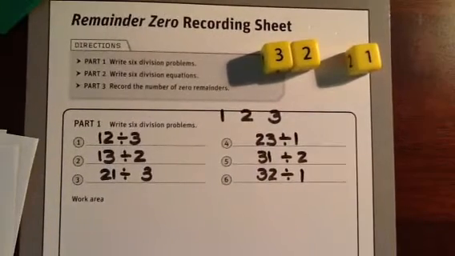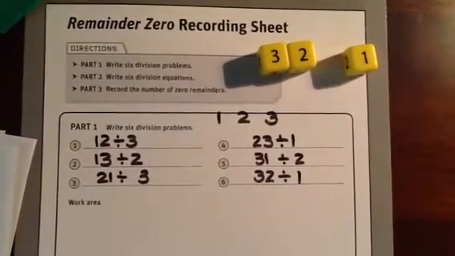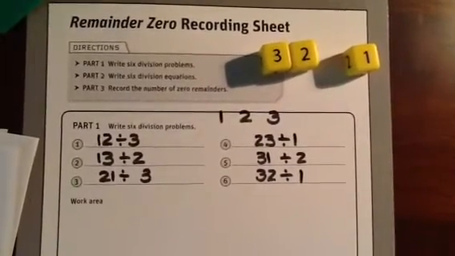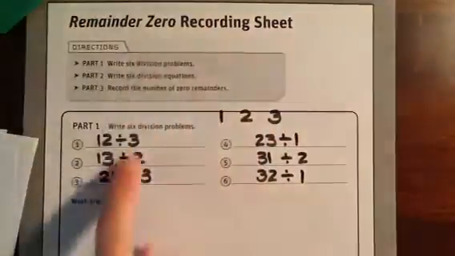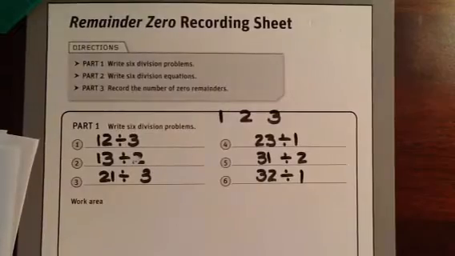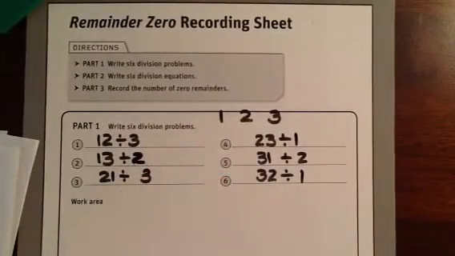So what you're going to want to have them do then is to solve the equations and see how many of these equations actually have a remainder of 0. So let's look at the first one, 12 divided by 3. Well, to me, that says 12 tiles divided into 3 groups.